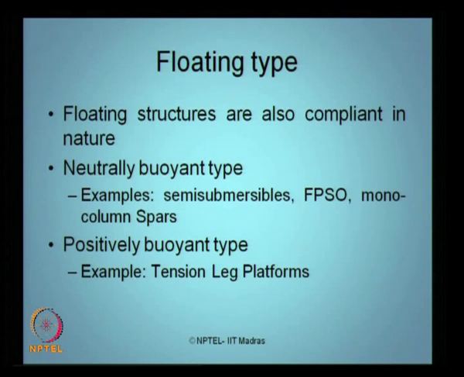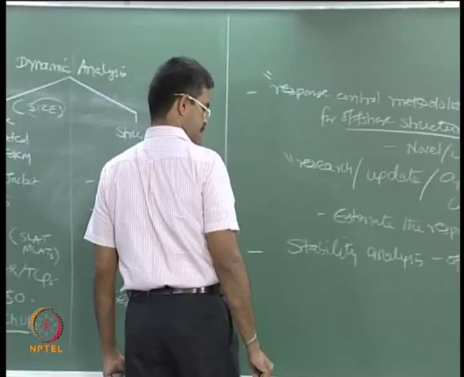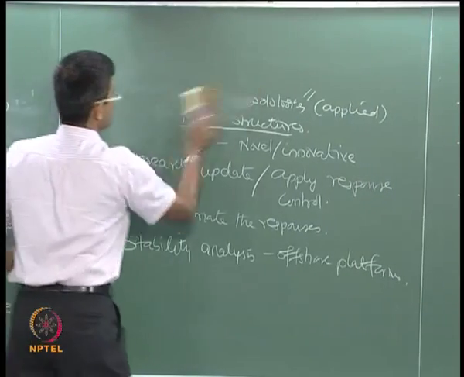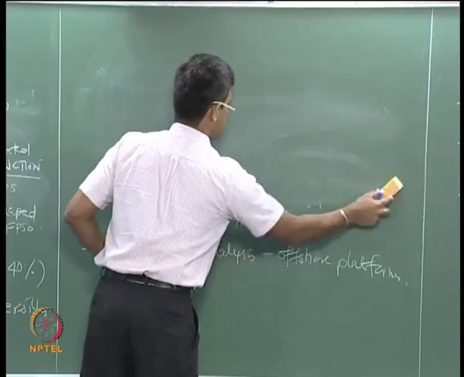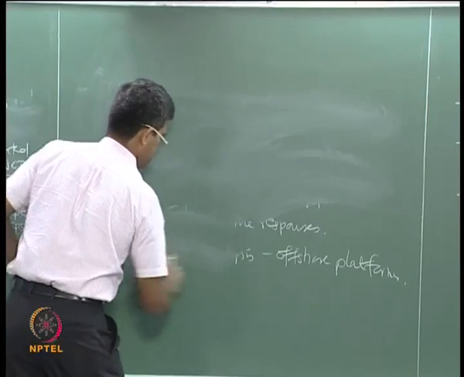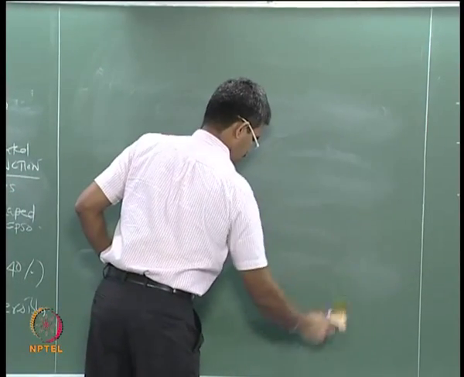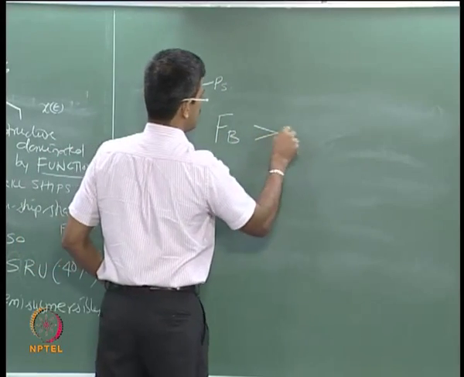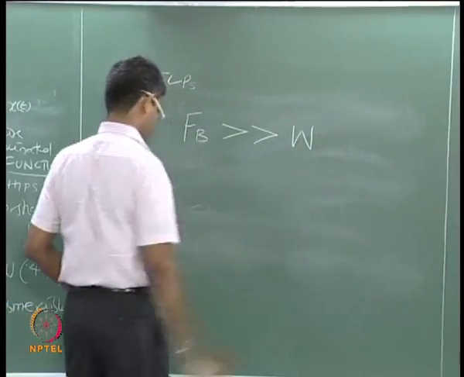That is the fundamental catch here in the design as far as TLPs are concerned. As far as TLPs are concerned, buoyancy force enormously exceeds the weight of the platform.